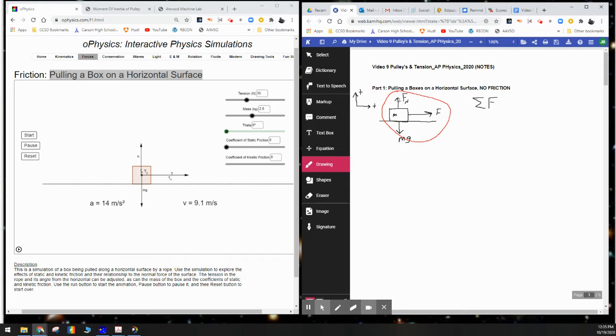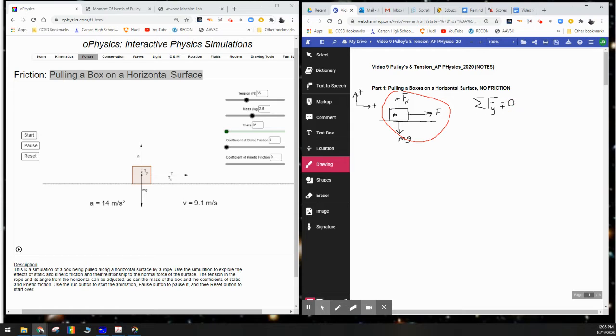Well, if you look at the Y direction here, this is going to be sliding in this direction. So there's no acceleration vertically. So if I was to sum the forces in the Y direction, there's no acceleration up or down, so that equals 0.